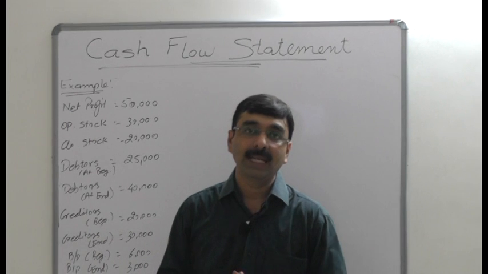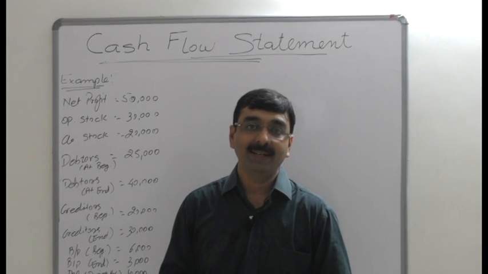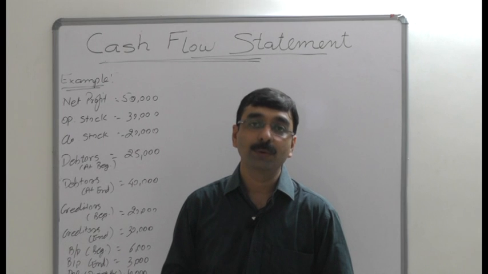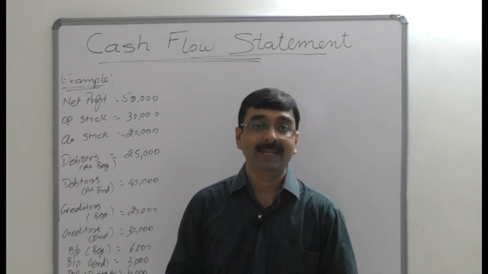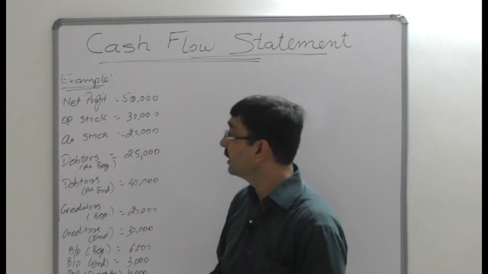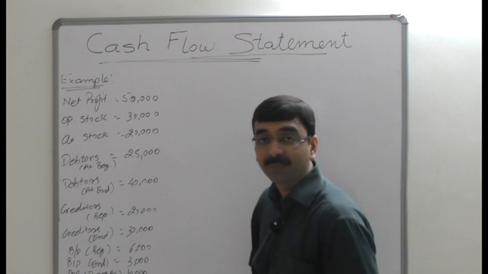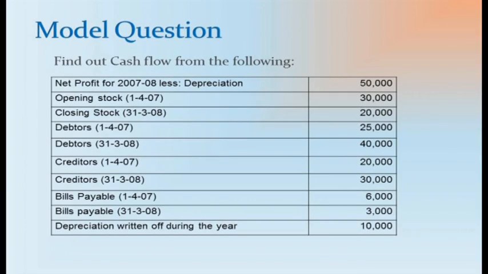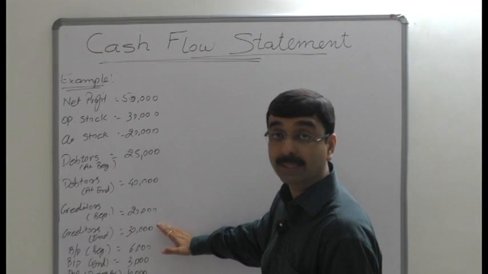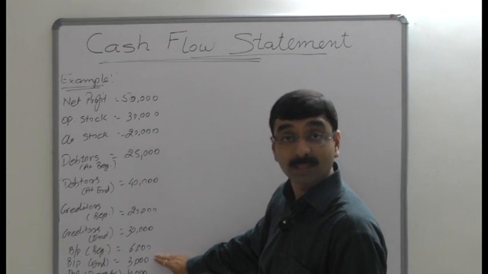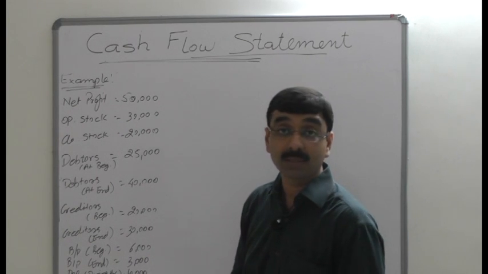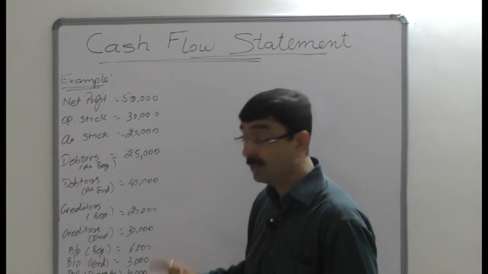Now I'm taking one example to identify the changes of net cash inflow and outflow from two different activities. One is operational profit, the other is the changes in current assets and current liabilities. Let's take an example, where the profit is given, stock which is a current asset, debtors also a current asset, creditors a current liability, bills payable also a current liability, and depreciation, a non-cash item during the year.